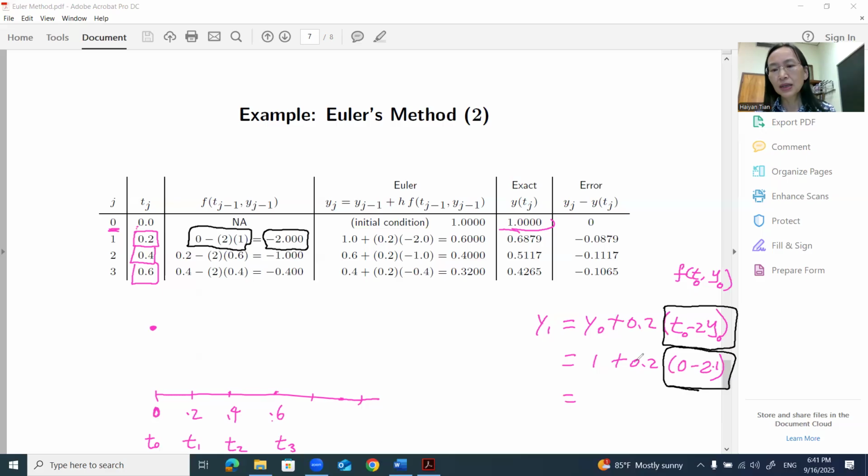After that, we multiply it by the step size H, then we add Y0. After we do this, we are done, and we get Y1, which is 0.6.